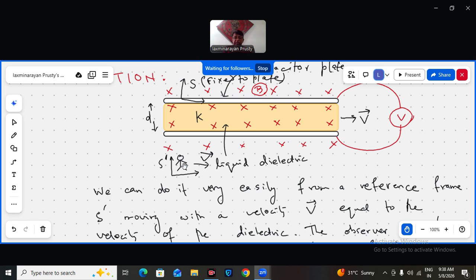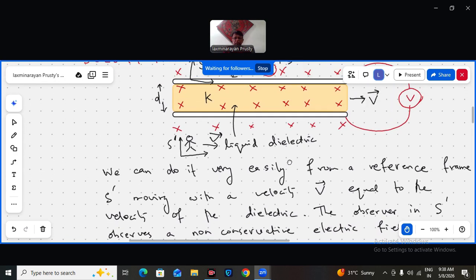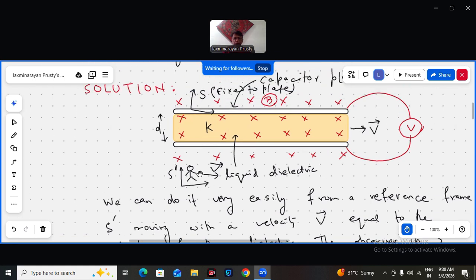What he will see is a non-conservative electric field E_NC, which is given by the velocity of the S dash frame with respect to S, that is v bar cross B bar.